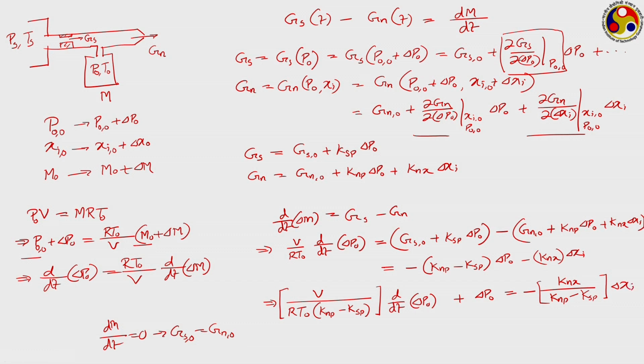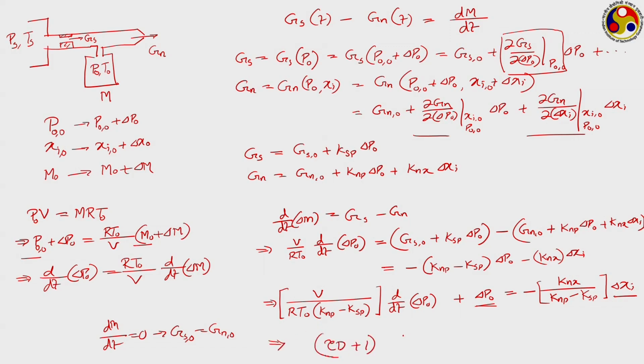Have you seen this form of equation earlier? Just look at the terms. If we neglect the bracketed terms, then delta x I is the input to the system, the displacement. Delta P0 is the corresponding output from the system.